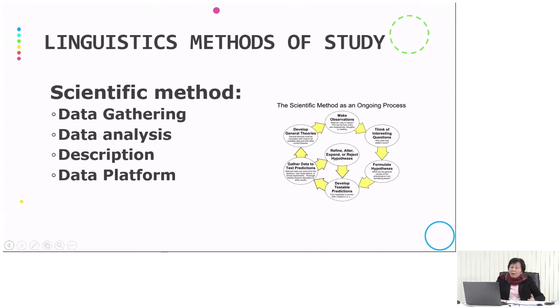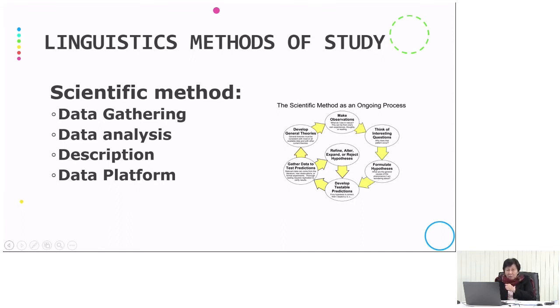Okay, right now, when we use the scientific method and we would like to study one language, let's say Thai, and you would like to know the structure of the Thai language, you have to collect the Thai language first, then analyze it, and finally you get the structure of the language.